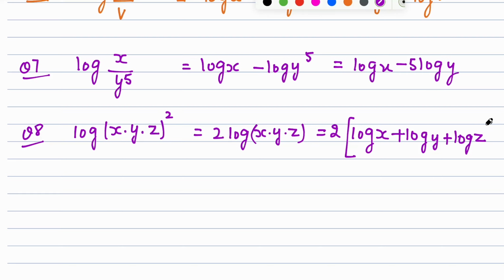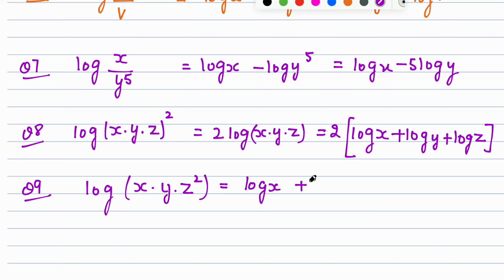But if this power is with, let's say, z only, right? So that is log of x times y times z squared. Now the power is not with the whole, so first I'll apply the addition property: log of x plus log of y plus log of z squared.